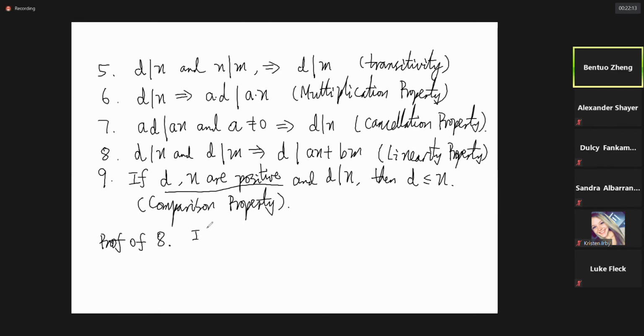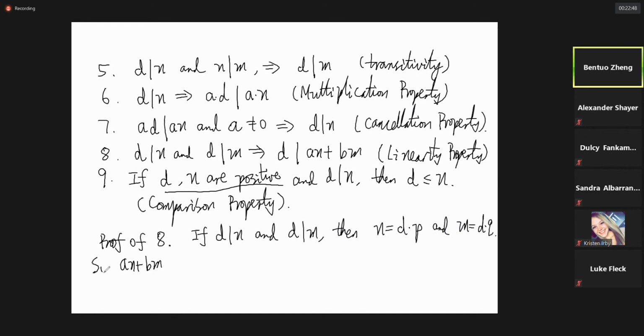So if d divides n and d divides m, by definition we have n is equal to d times p, and m is equal to d times q.